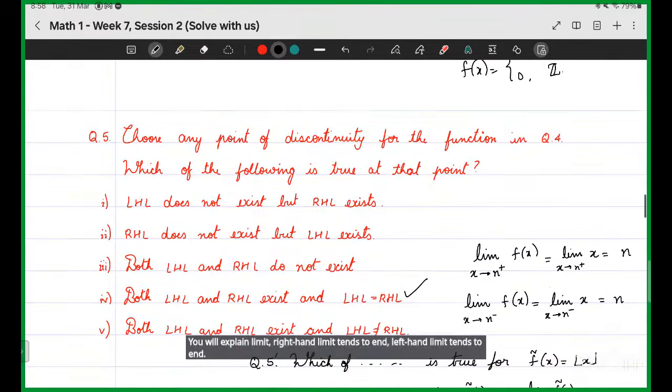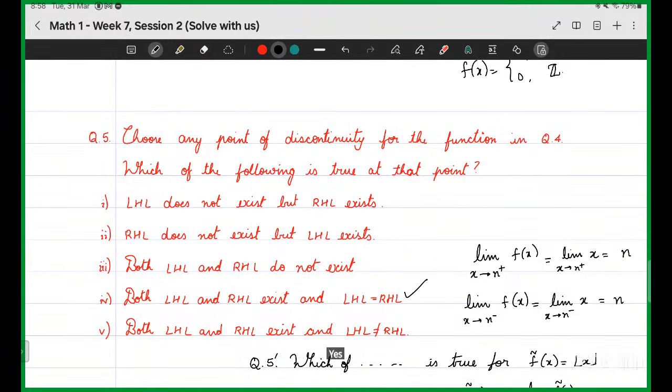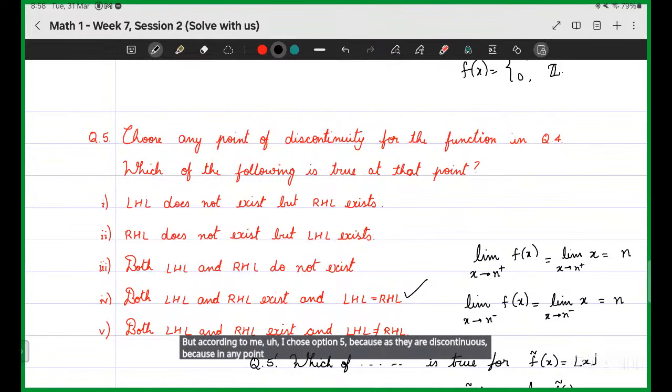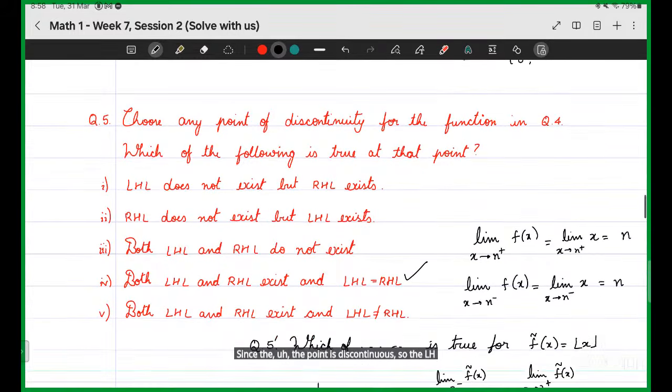So you selected option 4, which is correct. But according to me, I chose option 5 because at any point of discontinuity of a function, since the point is discontinuous, the LHL and RHL won't exist.